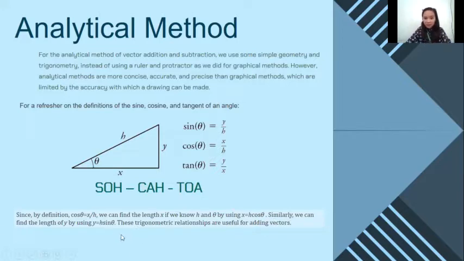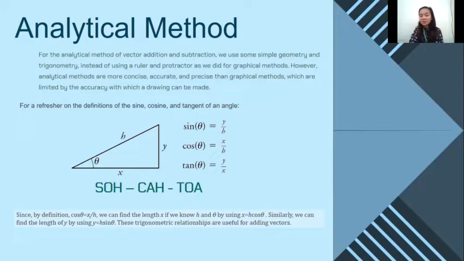The same with y, where we use sine theta. If you multiply both sides by h, y will be equal to h sine theta. So these trigonometric relationships are useful for adding vectors. Those are what you need to remember.